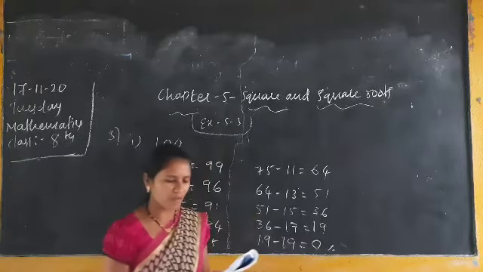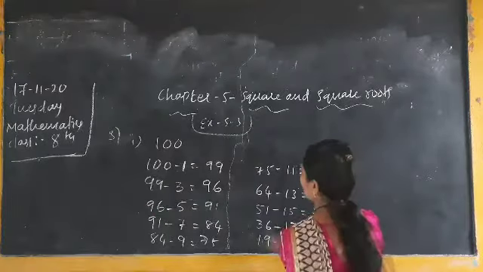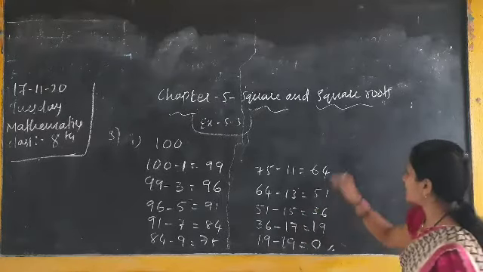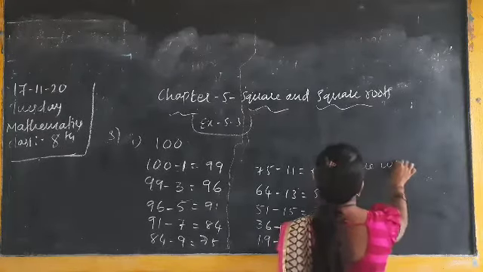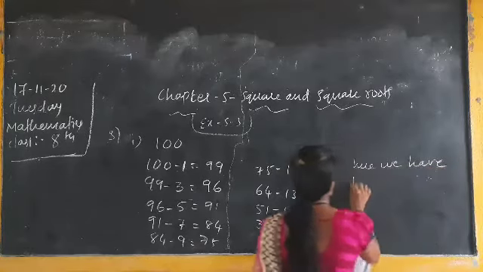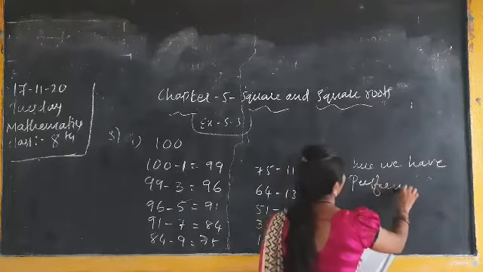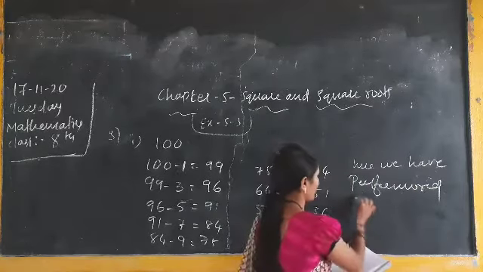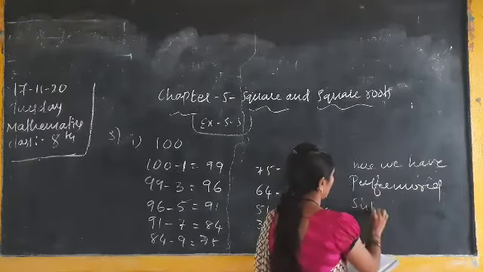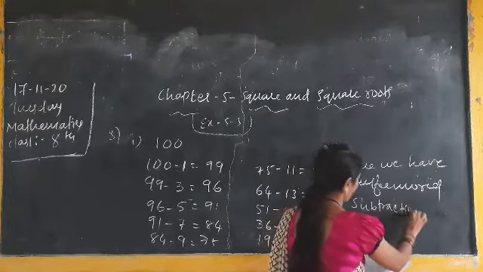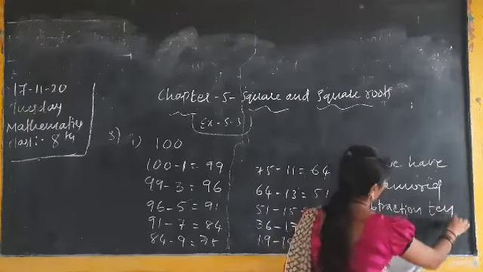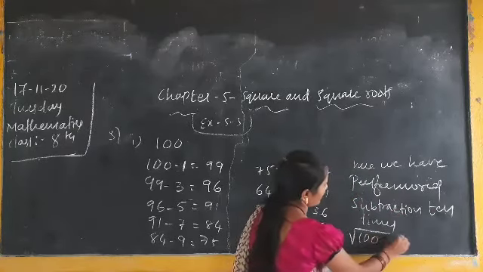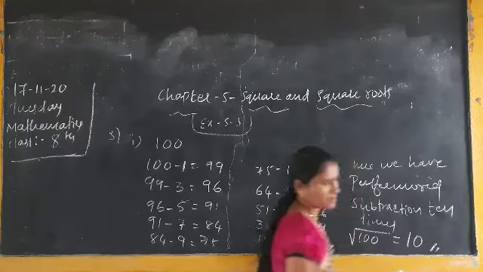Here we have performed subtraction. How many times? See, 1, 2, 3, 4, 5, 6, 7, 8, 9, 10. You should write: here we have performed subtraction 10 times. 10 times means the square root of 100 is equal to 10.